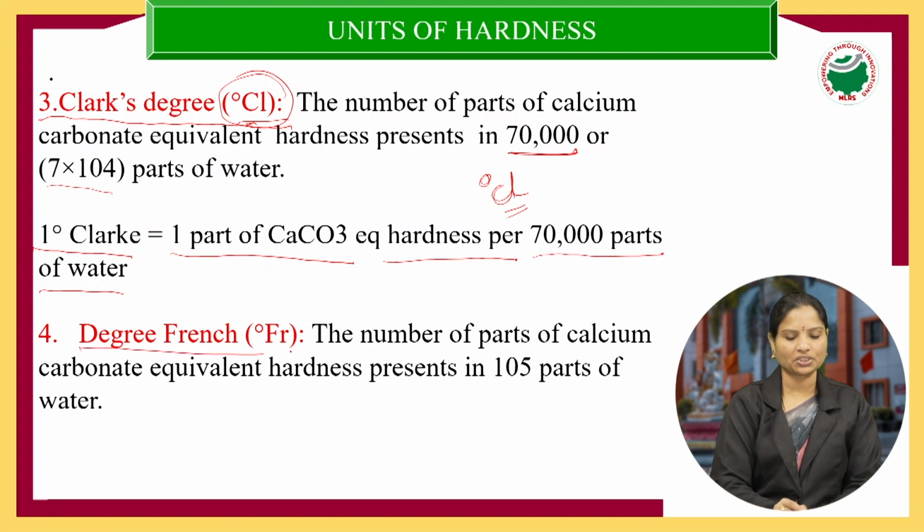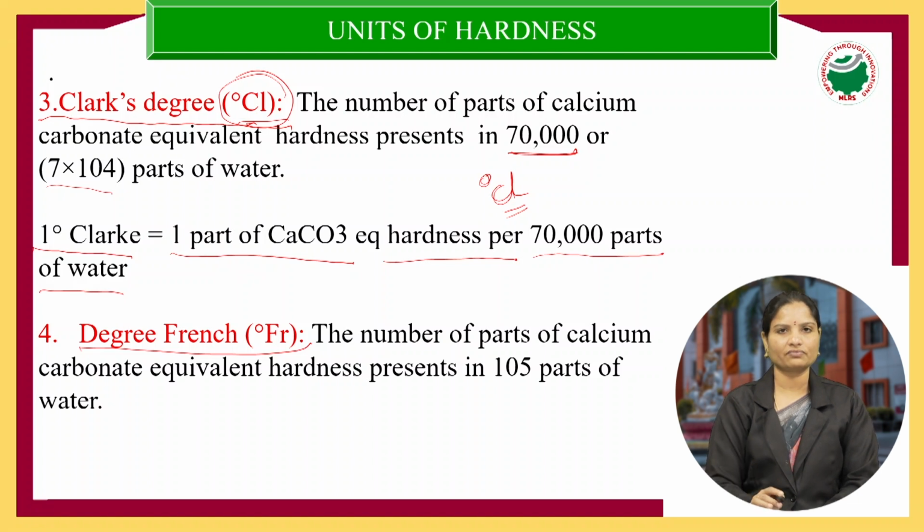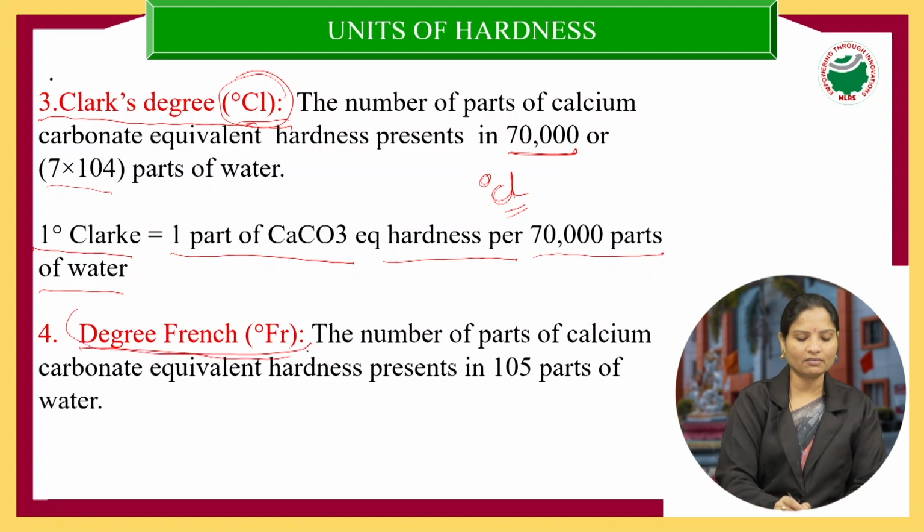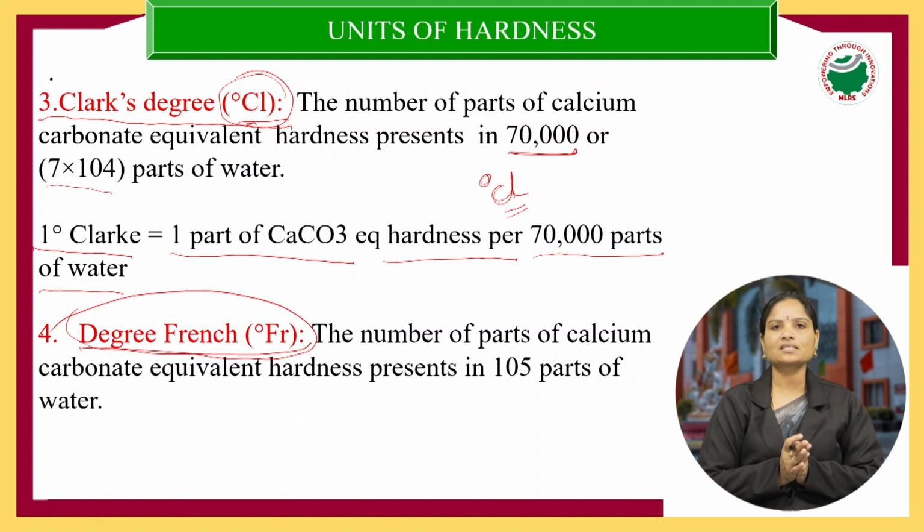Then the last one is degree French. The number of parts of CaCO3 equivalent hardness causing salts present in 10 power 5 parts of water is called degree French. So the units of hardness are ppm, milligram per liter, degree Clark and degree French.